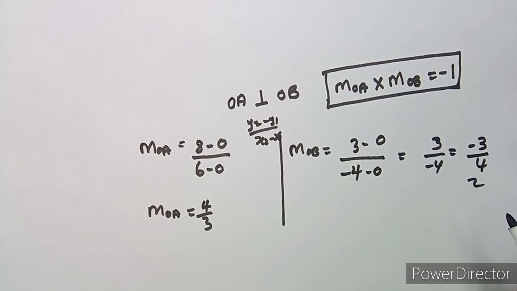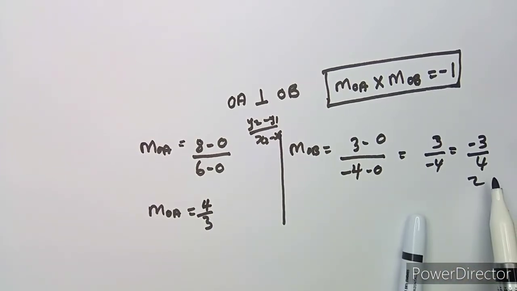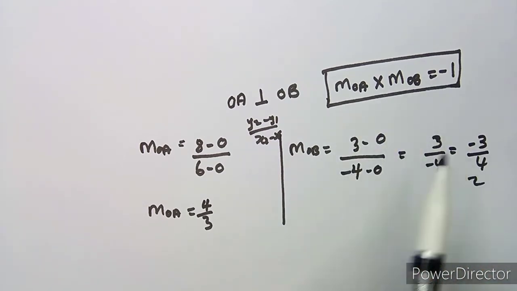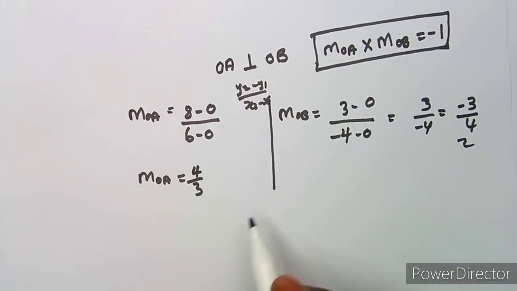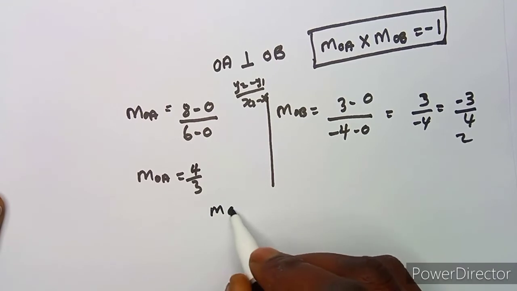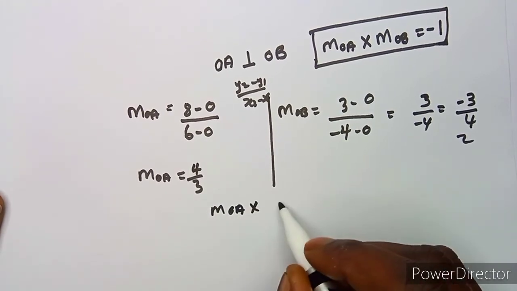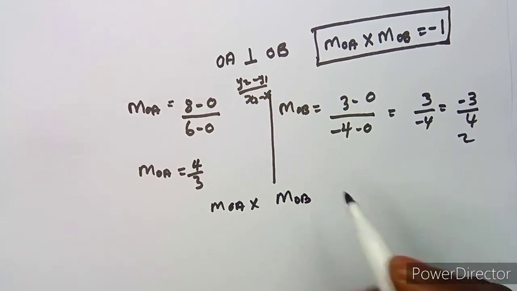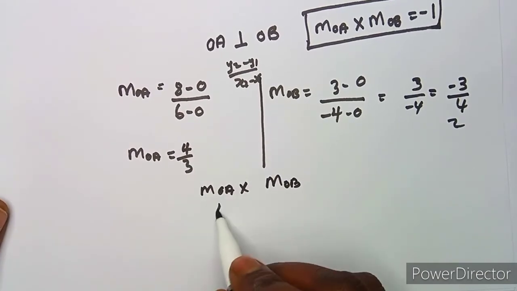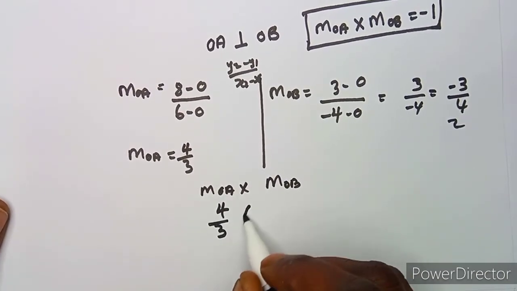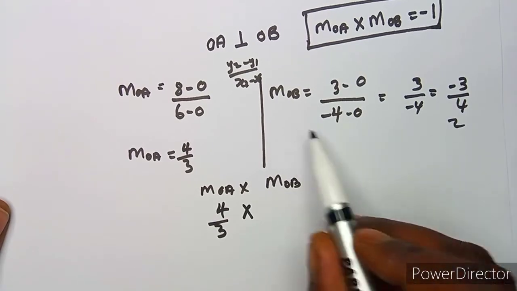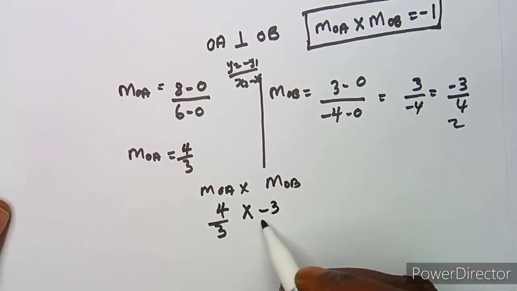So now let's cross check. We have got the gradient of line OA, we have got the gradient of line OB. We want to prove that it is going to give us minus 1. So let's multiply the gradient of line OA, 4 over 3, times the gradient of line OB, minus 3 over 4.